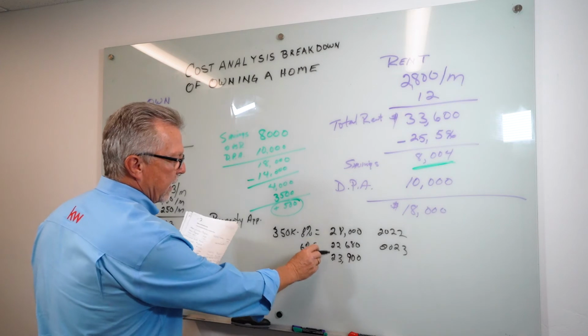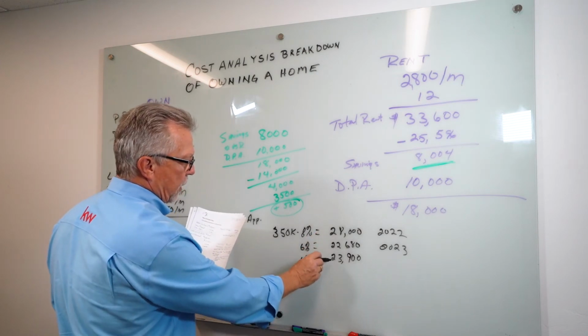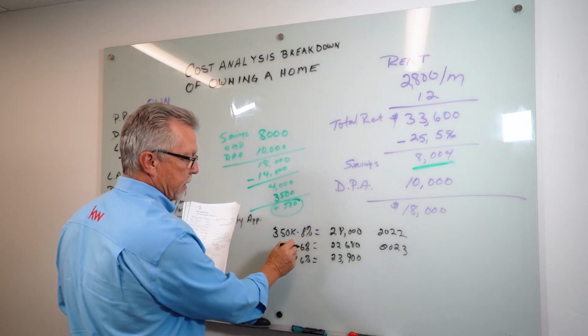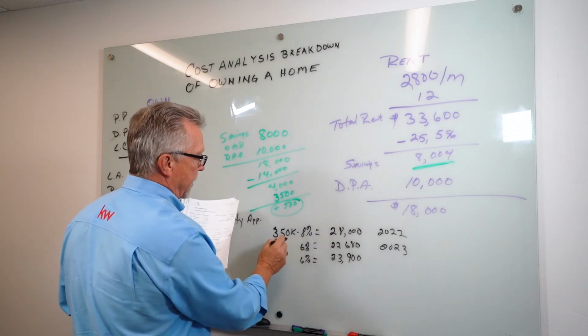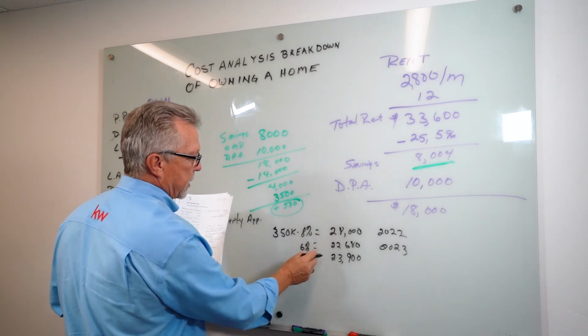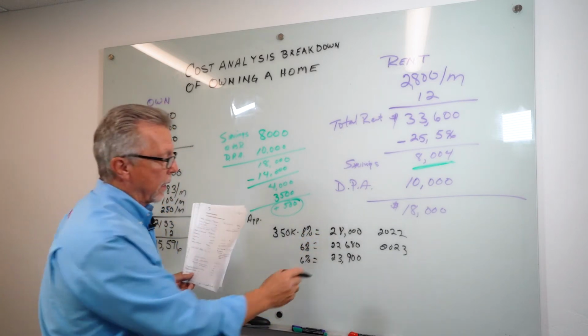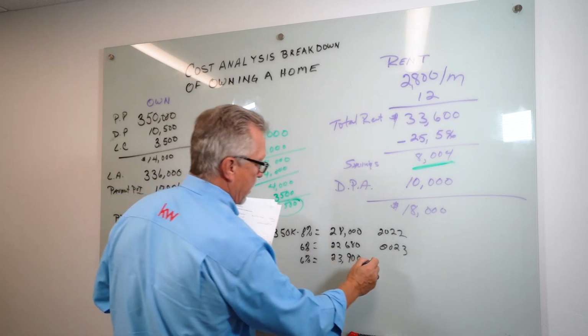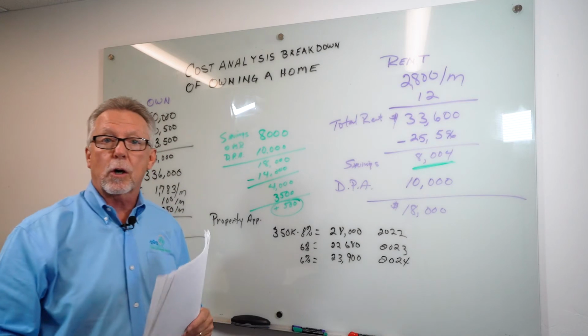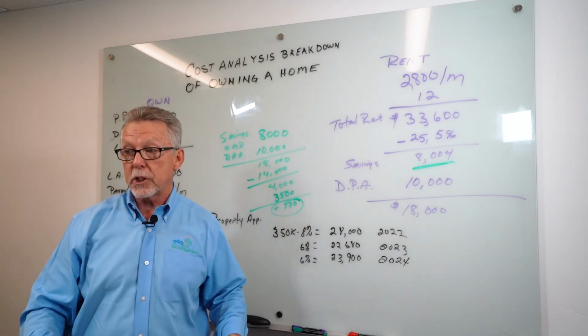And the reason these are getting bigger, these two, is because it's 350 plus the 28 times 6% gives us that. Then it's 350 plus 28 plus 22 times 6% gives us that number. That's why this number here is bigger than that number. It's year over year growth, or what we like to call compounded appreciation interest.